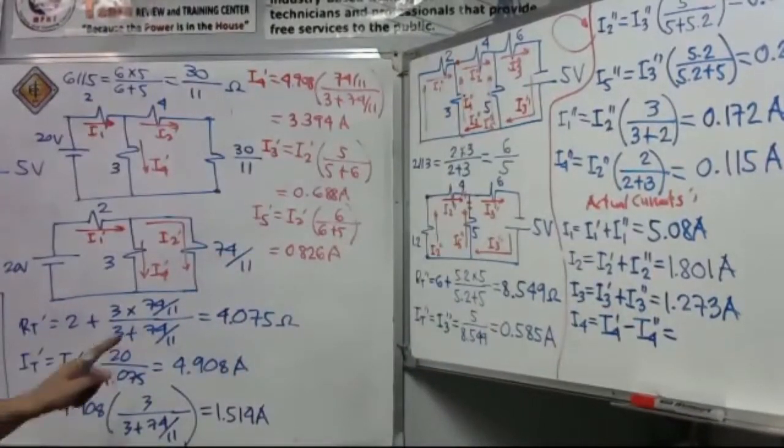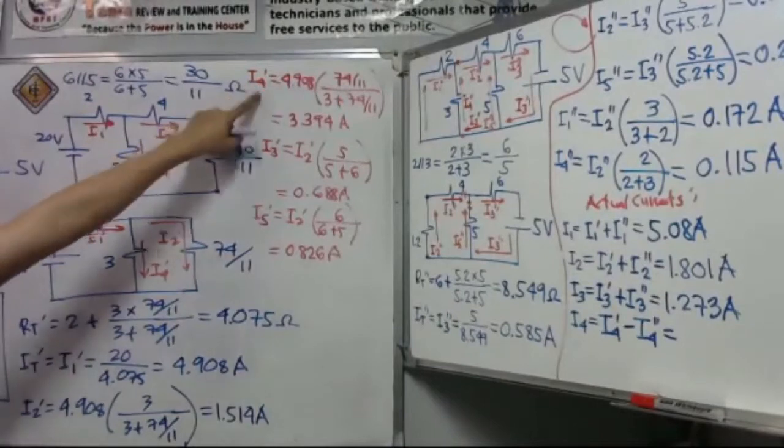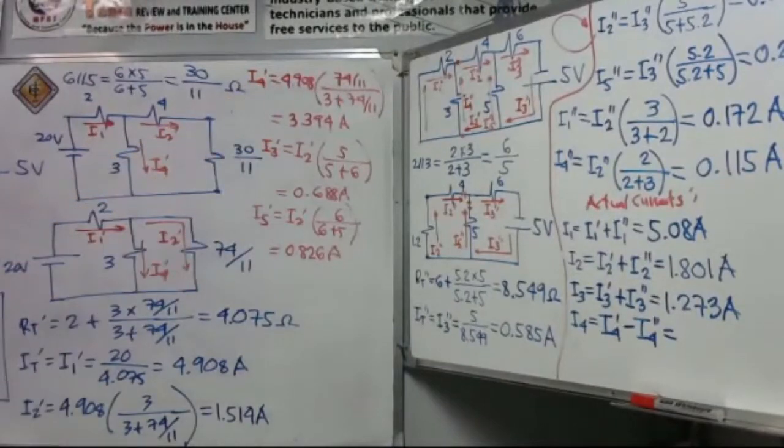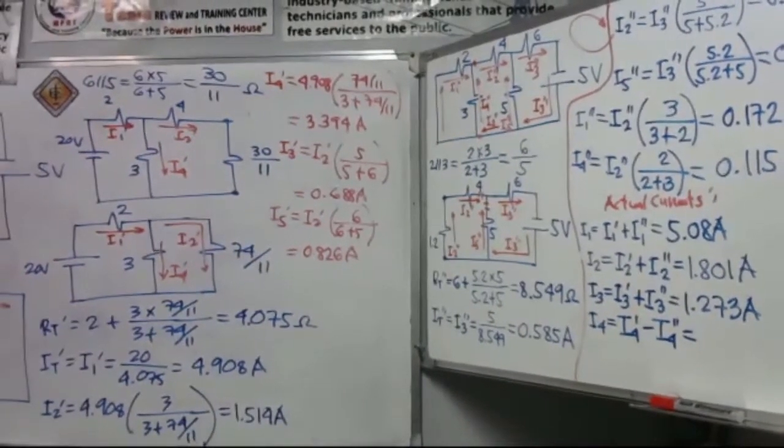What is I4 prime? I4 prime is, there you are, 3.394. Then minus I4 double prime. I4 double prime is minus 0.115, equals.